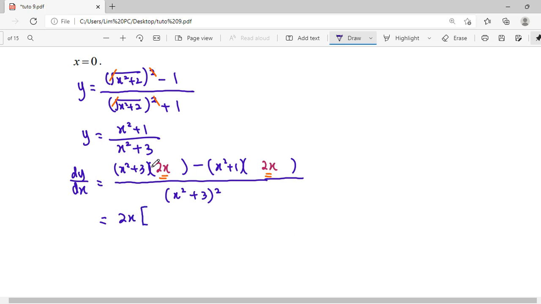So we're going to factorize our 2x in order to simplify this more easily. For the first term, after we factorize 2x, we get x squared plus 3. For the second, after factorizing 2x, we get minus x squared minus 1. So don't forget this negative. We have to simplify it together: negative x squared, negative 1.